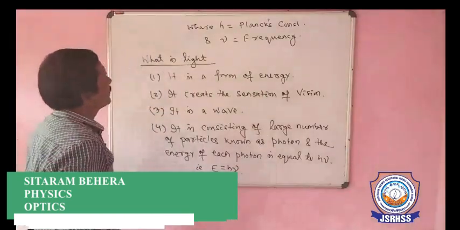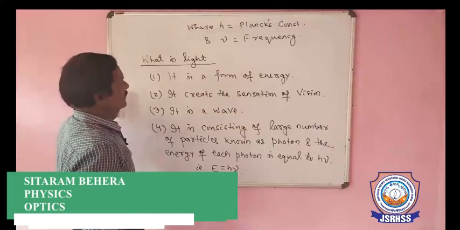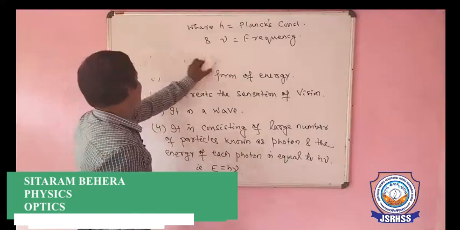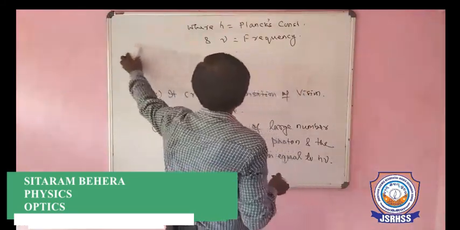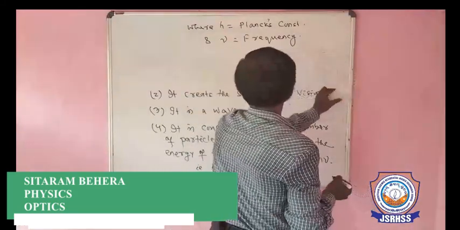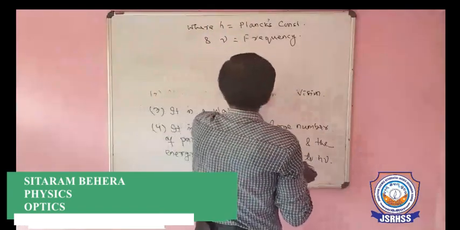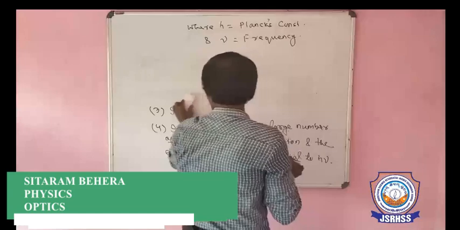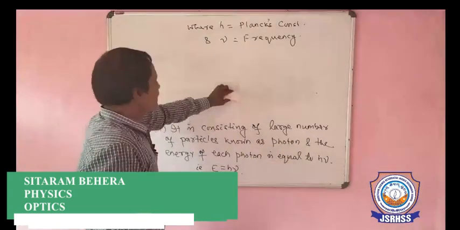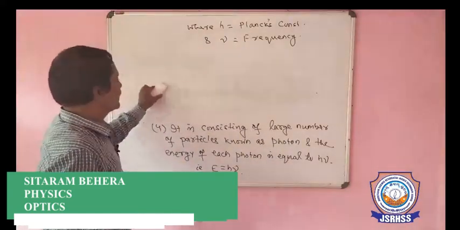Again I am telling what is light. It is a form of energy. It creates the sensation of vision. By applying light you can see. It is a wave, a light wave, and the light consists of a large number of particles.